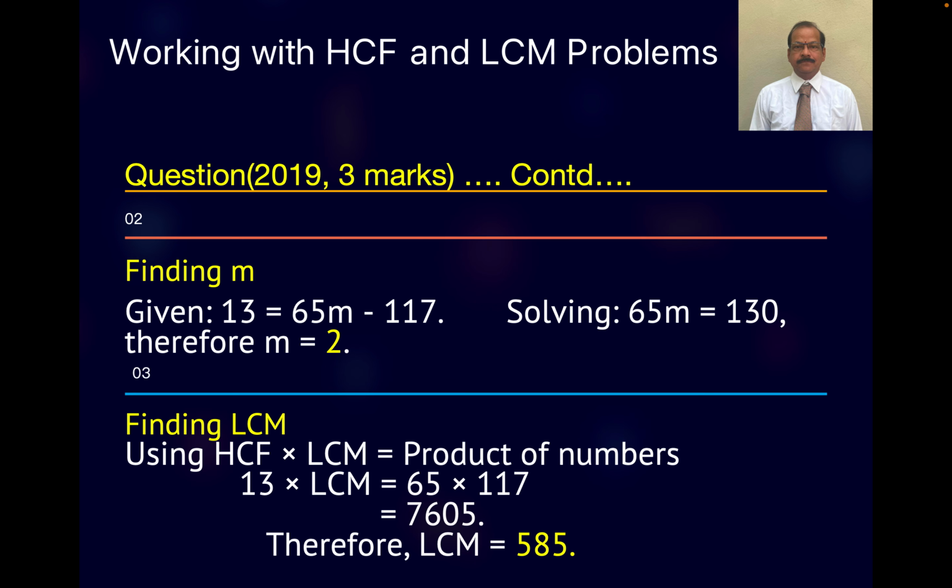We have 13 equal to 65m minus 117, or 65m is 130 and m equal to 2. So I got the value of m. Now to find the LCM, HCF of course I got 13, so 13 into LCM equal to 65 into 117, the numbers. Therefore LCM equal to 585.